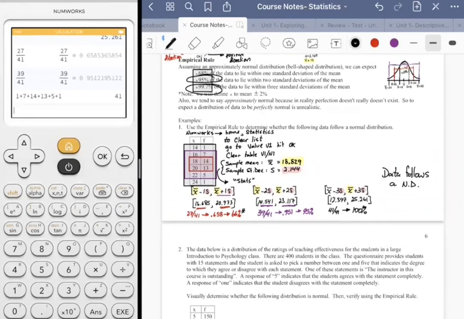So if you can meet those 3 criteria, then you would say the data follows a normal distribution.